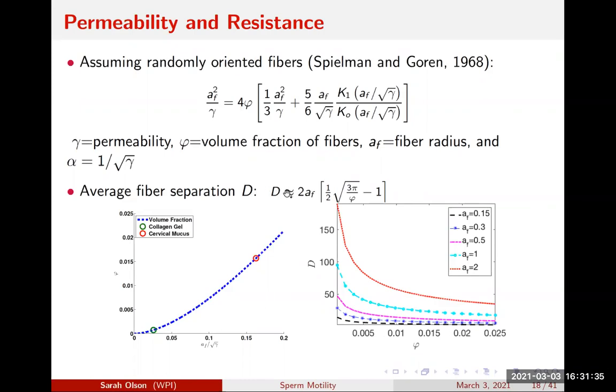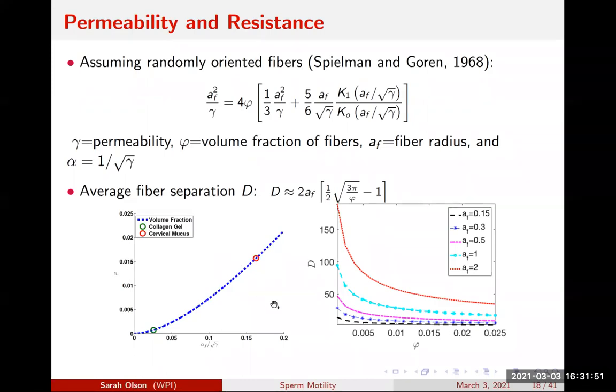We can think about what the volume fraction is, maybe for collagen gel or cervical mucus. But again, I just want to say this volume fraction here is about 1-2%. So we're thinking of a really dilute regime.